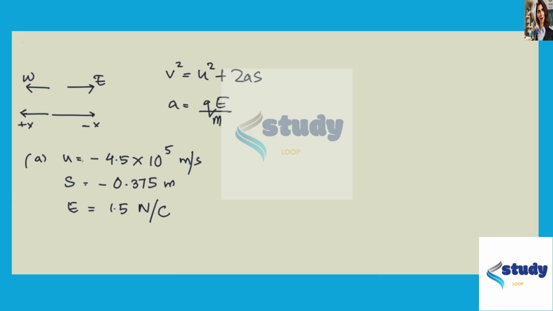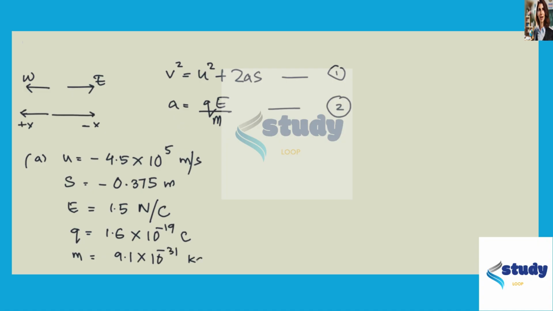So now the first thing to do will be to find the acceleration. Let me write this to be equation 1 and this to be equation 2. Now for an electron, charge is equal to 1.6 times 10 to the power minus 19 coulombs, and mass of an electron is 9.1 times 10 to the power minus 31 kg.